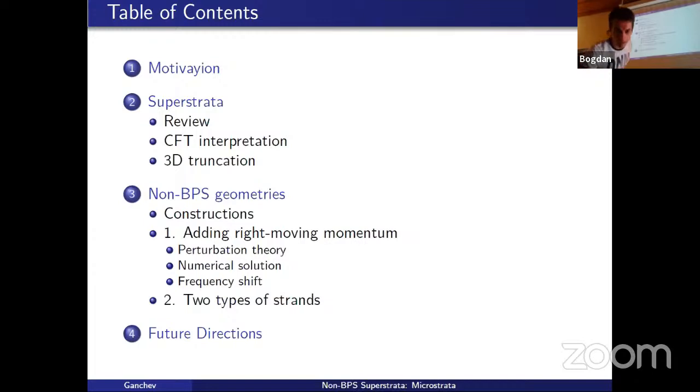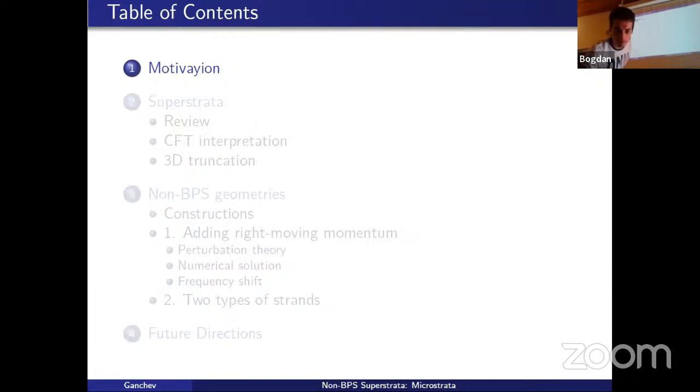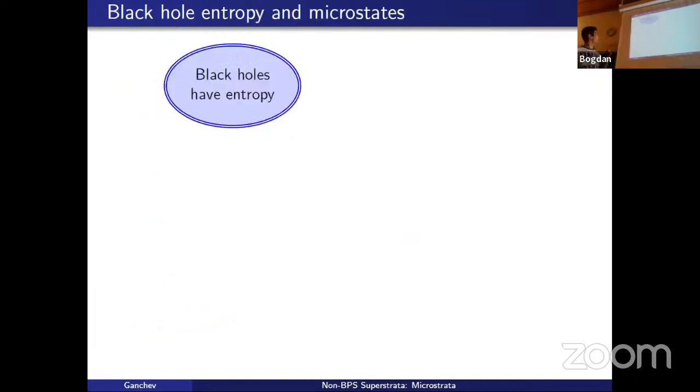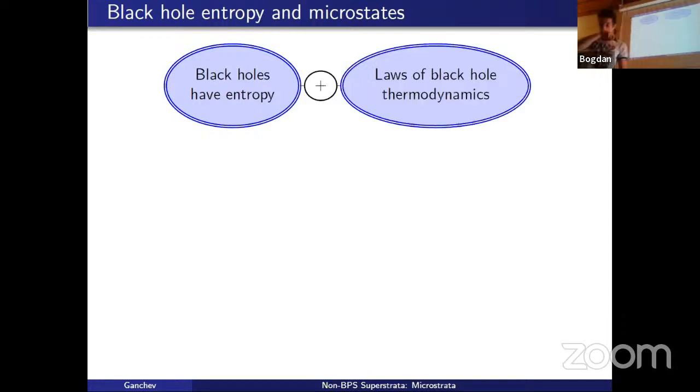Okay, so let's start with the motivation. Hawking and others taught us many years ago that black holes have entropy. They also derived a set of rules that parallel the rules of thermodynamics, the so-called laws of black hole thermodynamics.